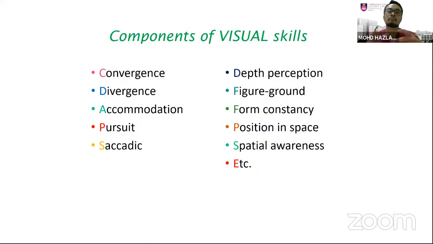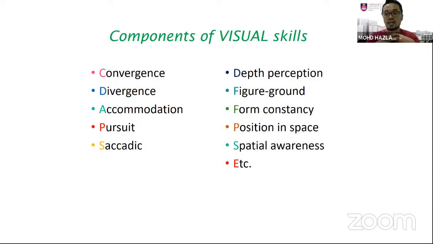So we must make sure that we really understand what we are assessing. Are we assessing mostly the receptors, or mostly the central nervous system processing? Because the visual skills component is too wide. And like I said just now, visual perception does not work by itself.